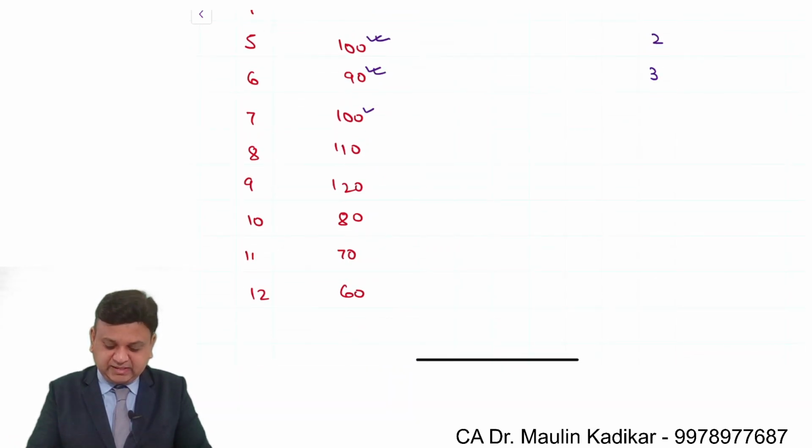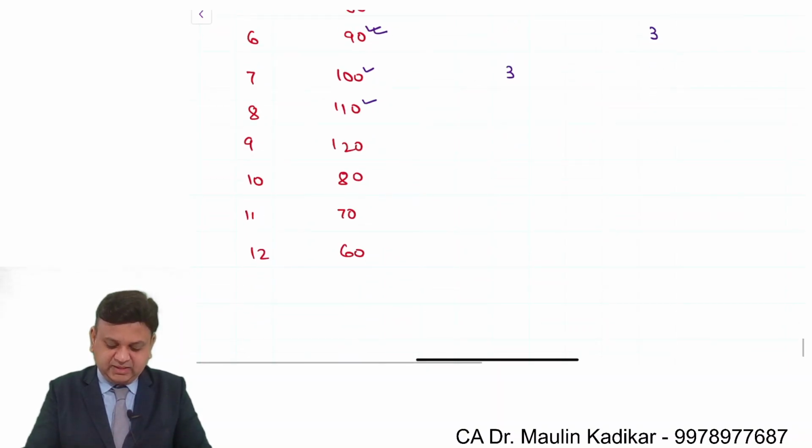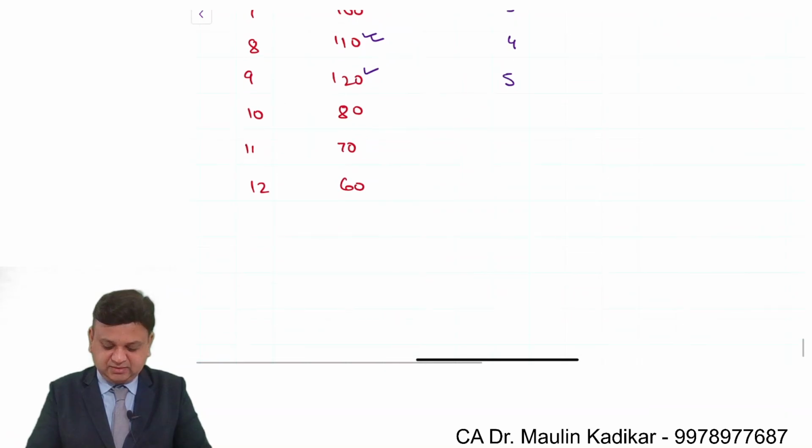100 is more than 90, so the number of price increases goes from 2 to 3. 110 is more than 100, so again price increases. Again price increases.